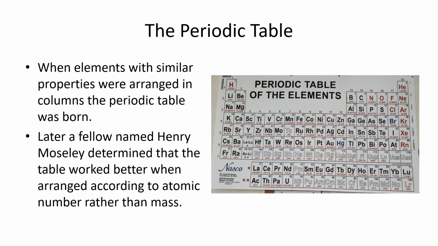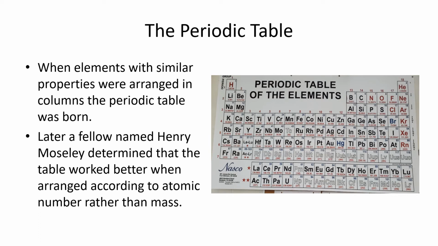So the modern periodic table that followed after Mendeleev and others had discovered enough elements to complete the table is slightly different than Mendeleev's. It still mostly goes in order of mass, but what they found was that atomic number worked a lot better than mass for a few instances as far as the properties go.